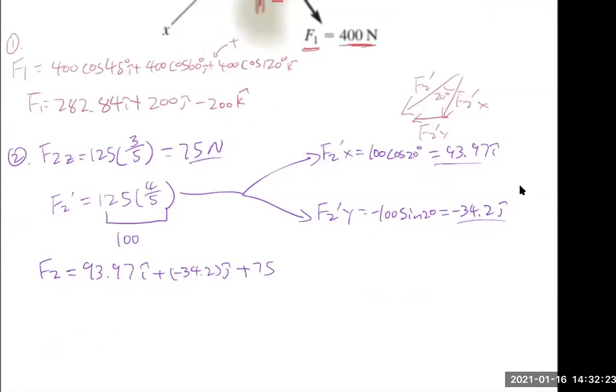And then right now we have to find where our FR is. FR is simply F1 plus F2, so you have to add all of the x component, y component, and z component.